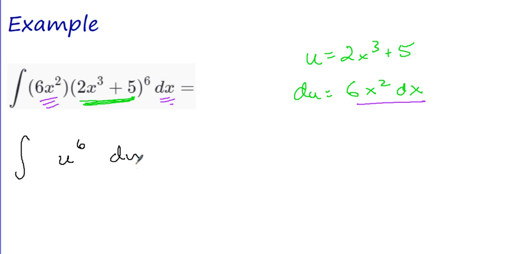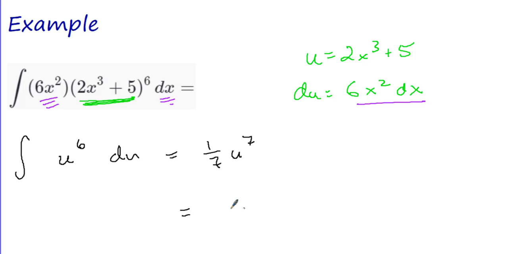Took the derivative to replace this dx with du. And so you can see how I can do this straightforward integration here. Remember the reverse power rule, we have 1/7 u to the 7th power.